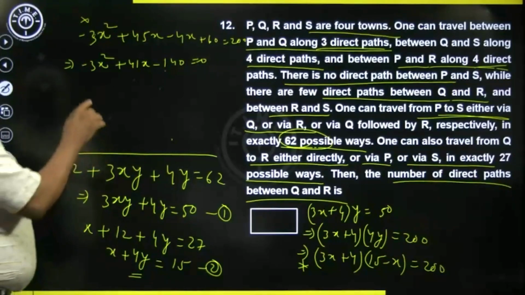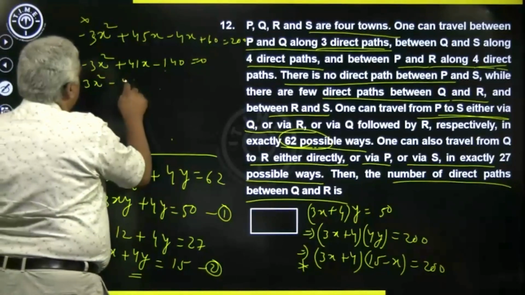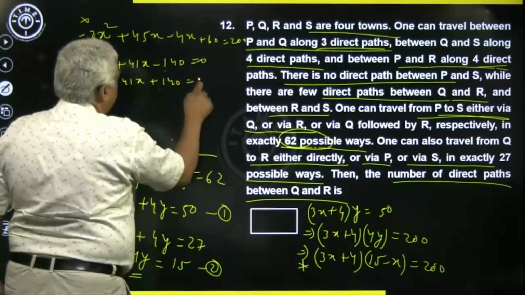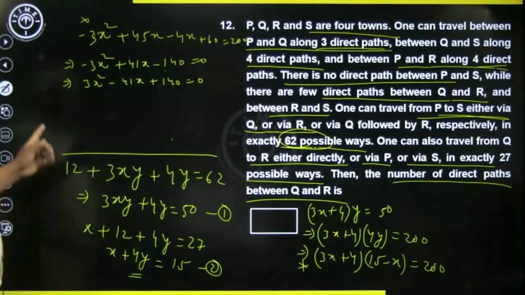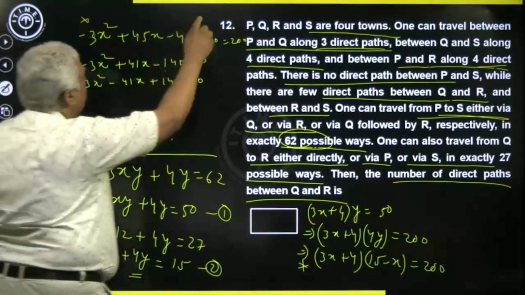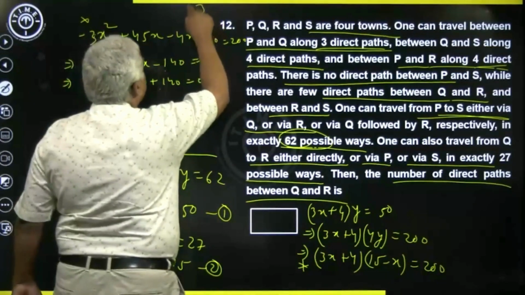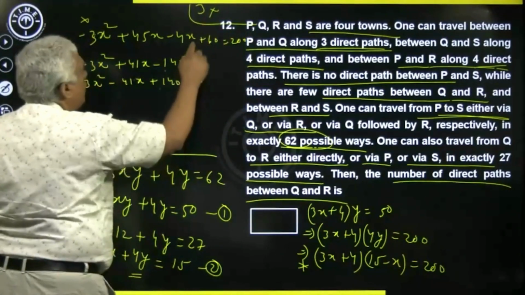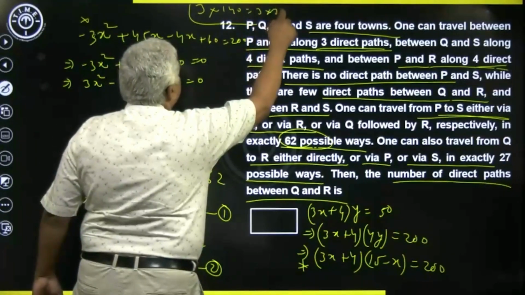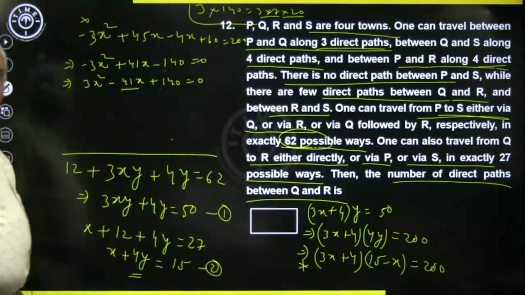Let's multiply both sides by minus 1. So it will be 3x square minus 41x plus 140 equals to 0. Now let's get the two numbers whose product is 3 into 140, and it is plus and plus, so positive. 3 into 140 is 3 into 7 into 20, so we can take 21 and 20. 21 and 20 is 41x, right?